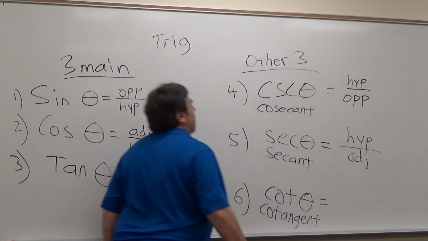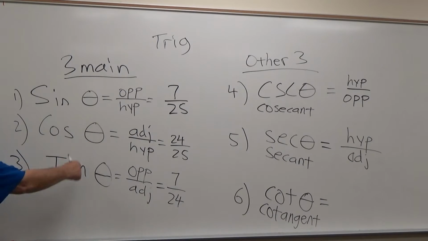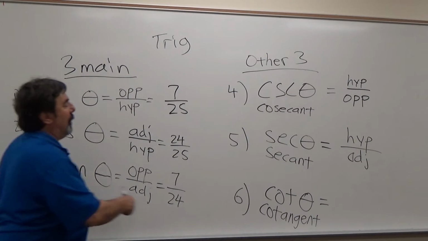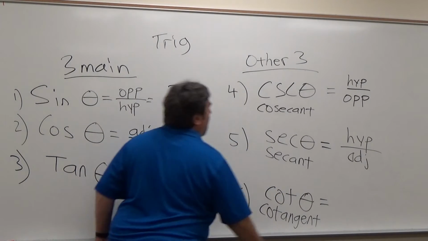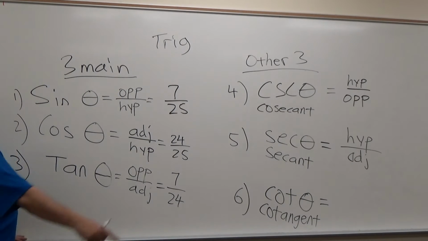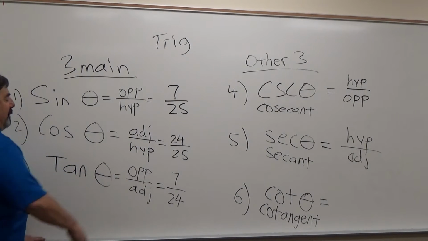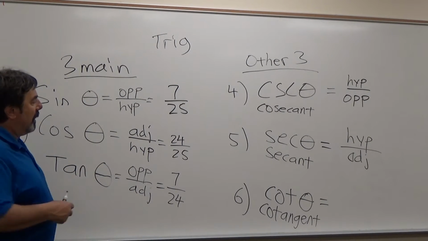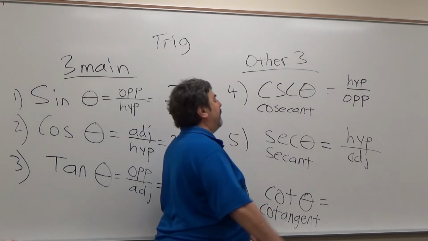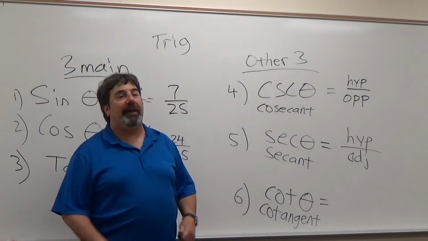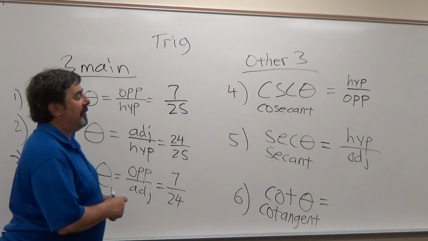And the reciprocal of the tangent function is the cotangent function. What is the definition of the reciprocal of the tangent function? Adjacent over opposite. Very good. So that's the reciprocal, that's the definition of the cotangent.